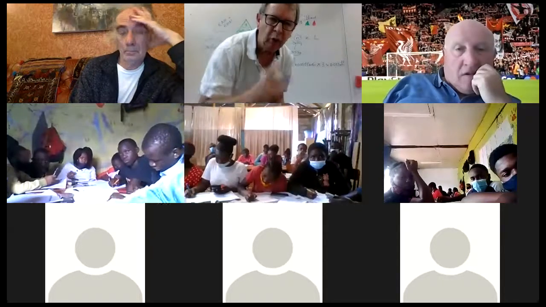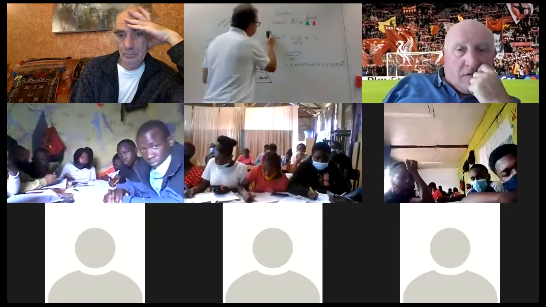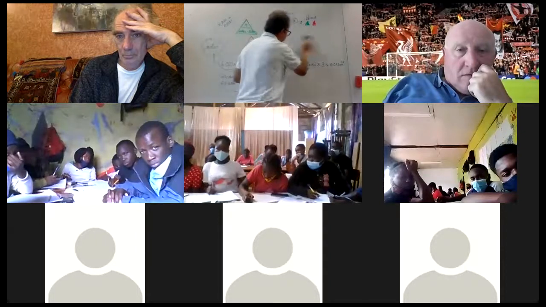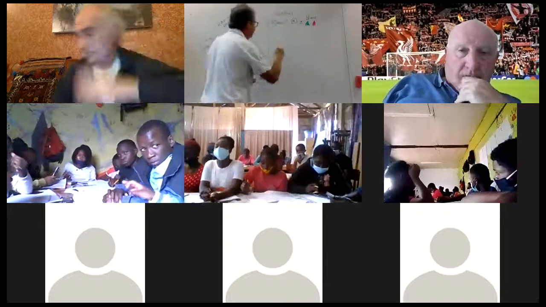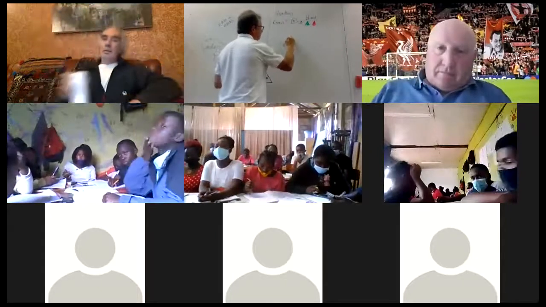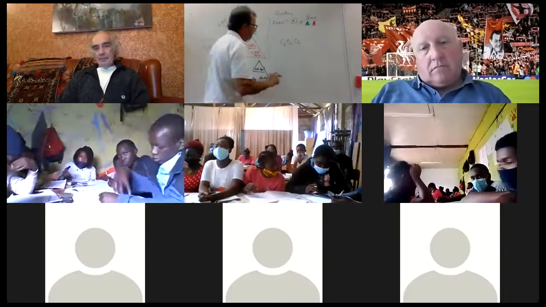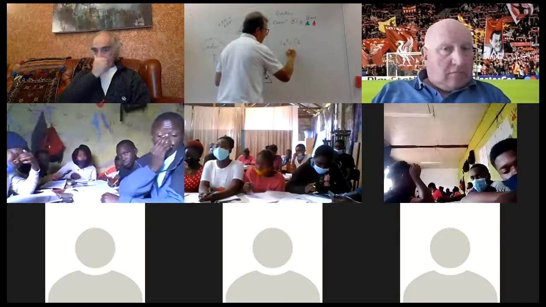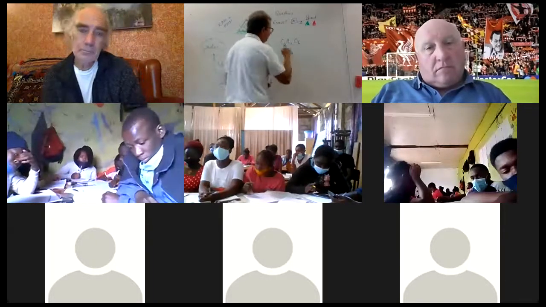Maybe we should do one more. Let's try one more, okay? Let's see if we can get one more. So I'm just going to remove this bit and we'll try another one. Here we go. Here's glucose. And I want to know, let's make it easy, if I have 18 grams of glucose, okay?